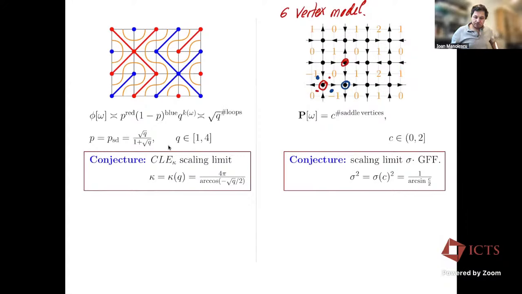Maybe I should mention I've defined this model very loosely. If you want to define it precisely, you should either work in a fixed domain with certain boundary conditions, or on a torus. The graph needs to be finite.